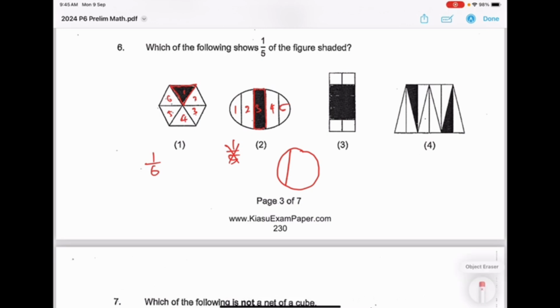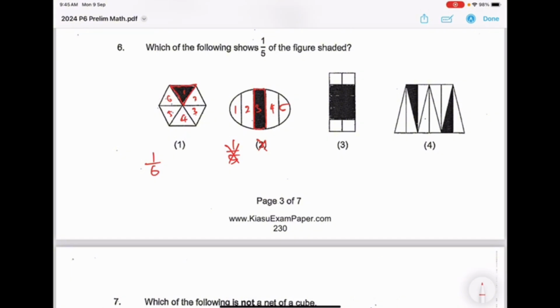So whenever we are looking at fractions, the slices of the pizza has to be equal. Alright? It has to be equal. If not, it is not fair and it is not valid. So this is definitely not my answer as well.